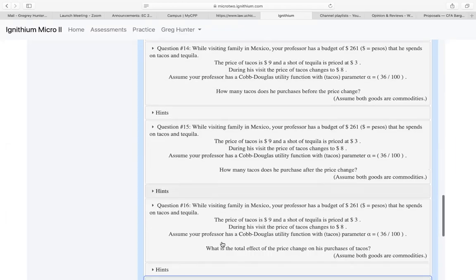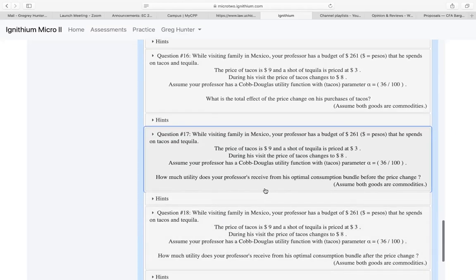Now that we have the optimal consumption bundle, in the case of tequila, we said it was 55.675, and before the price change the professor was consuming 10.44 tacos.